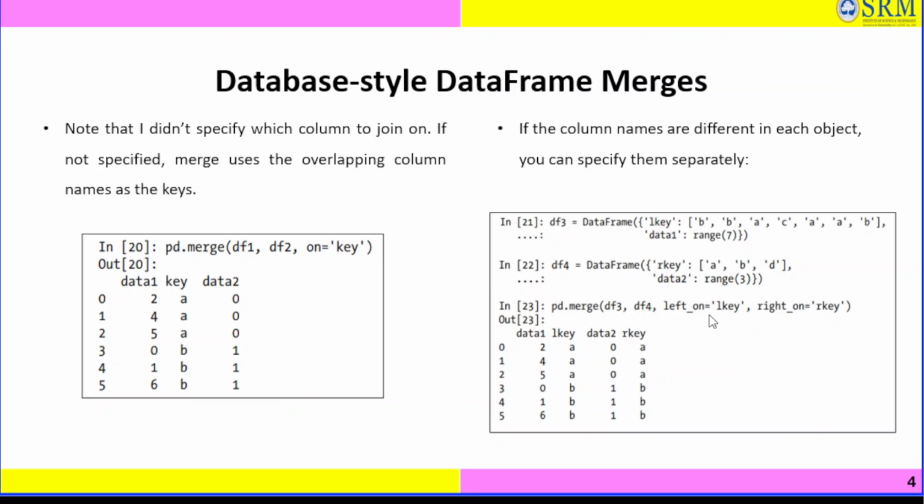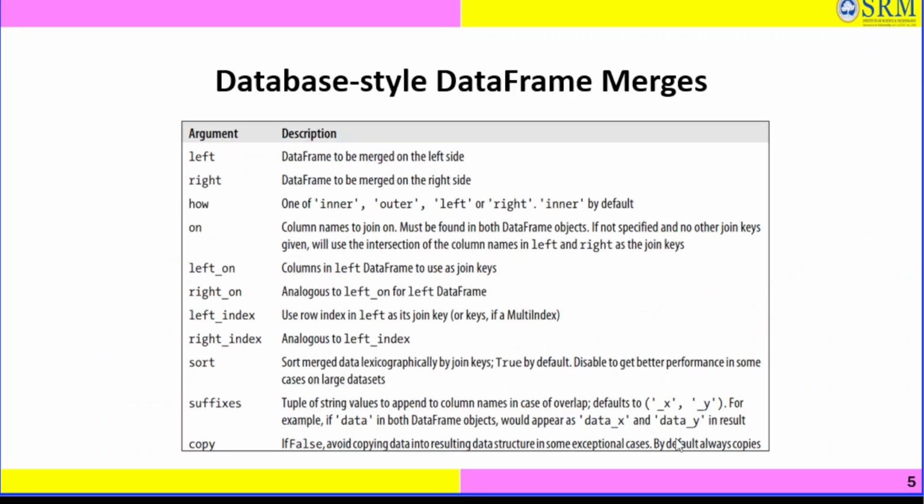So here we are passing the left_on and right_on parameters. The output will be left key and right key, that means lkey and rkey. The common values from the two data frames are A and B. So for this A and B, what is the value for data1 and what is the value for data2? In this way it is merging.